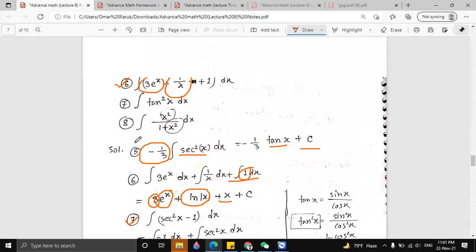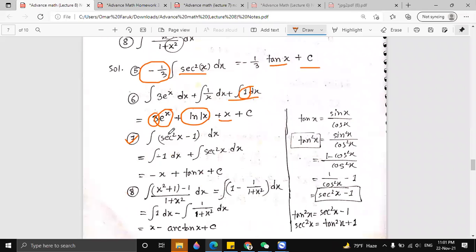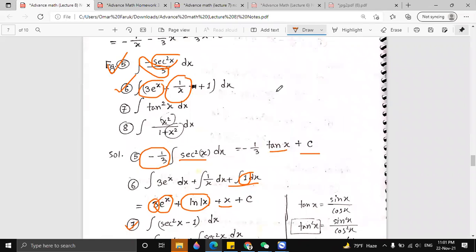And 7, we have integration of tan square x. So we know that sin square x plus cos square x equal to 1, right?